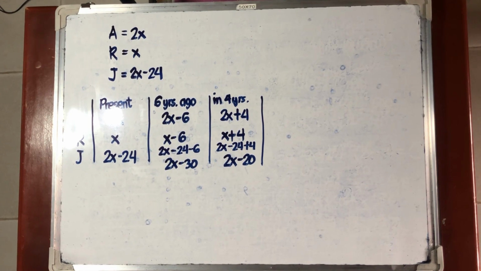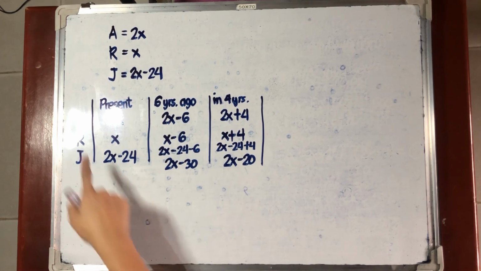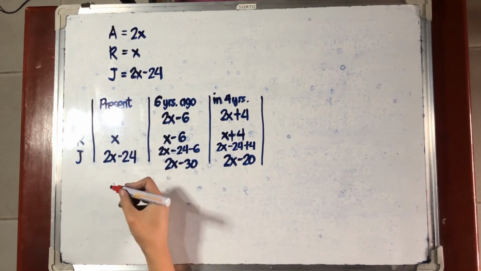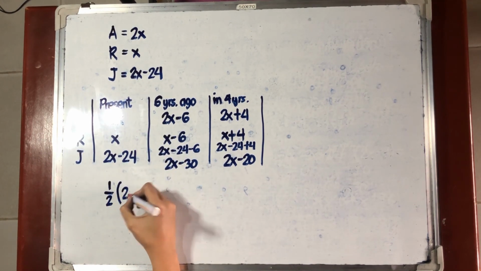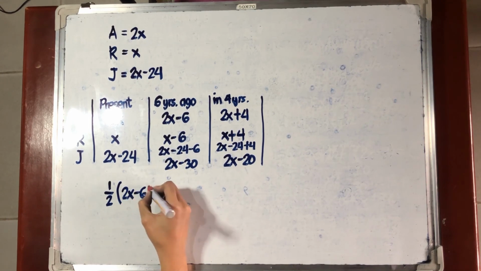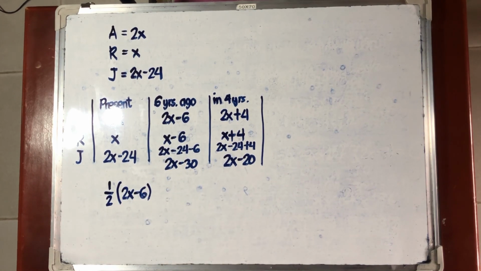Sabi niya, if half of Aris's age 6 years ago, ito yun, no? Half daw niyan, if half of that, that's 1/2 of 2X minus 6, okay, was 3 less than 1/2 the sum of Rico's age in 4 years and Jake's present age.